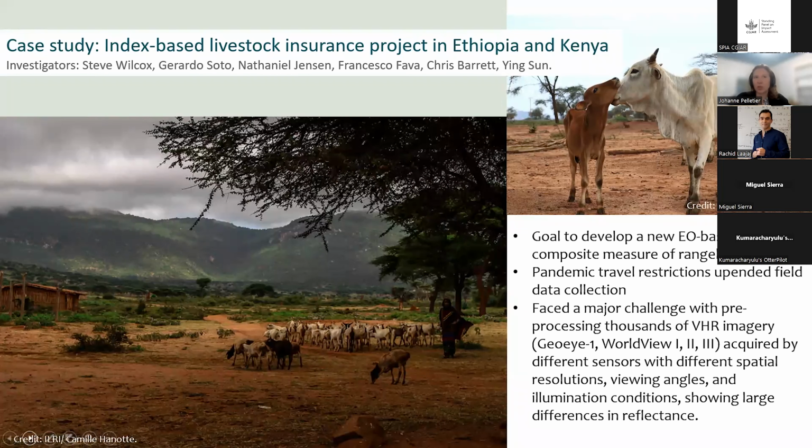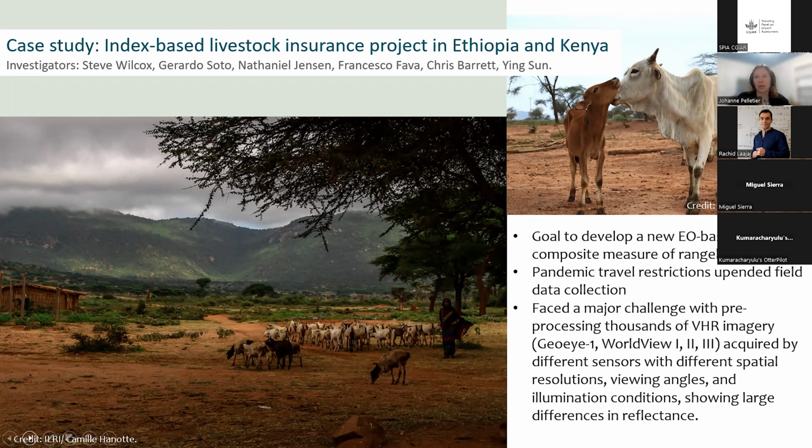So this research project is on index-based livestock insurance and takes place in Ethiopia and Kenya. As most of you know, index-based livestock insurance helps protect pastoralist herds against drought mortality of livestock. When there's drought, it can really kill livestock.